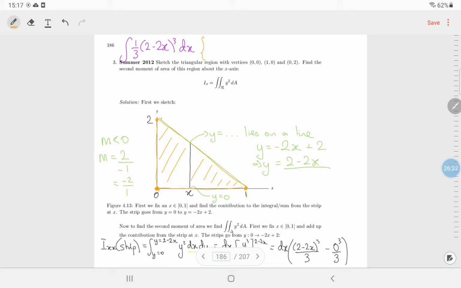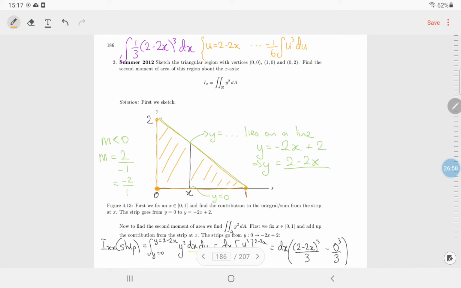Now, you could do u equal to 2 minus 2x. And that should end up with, if I'm careful, minus 1/6 u cubed du.